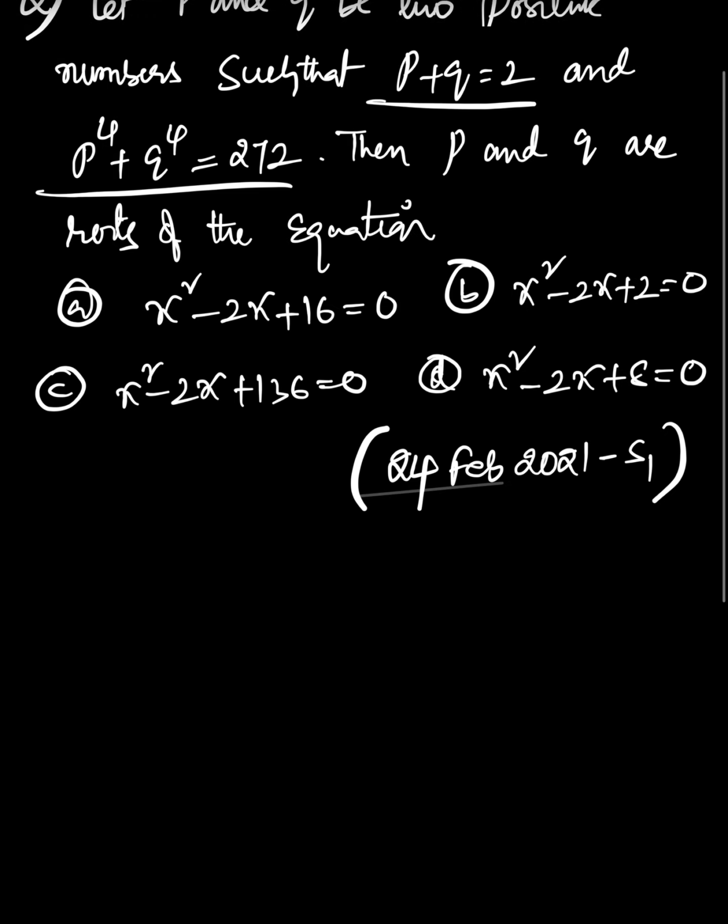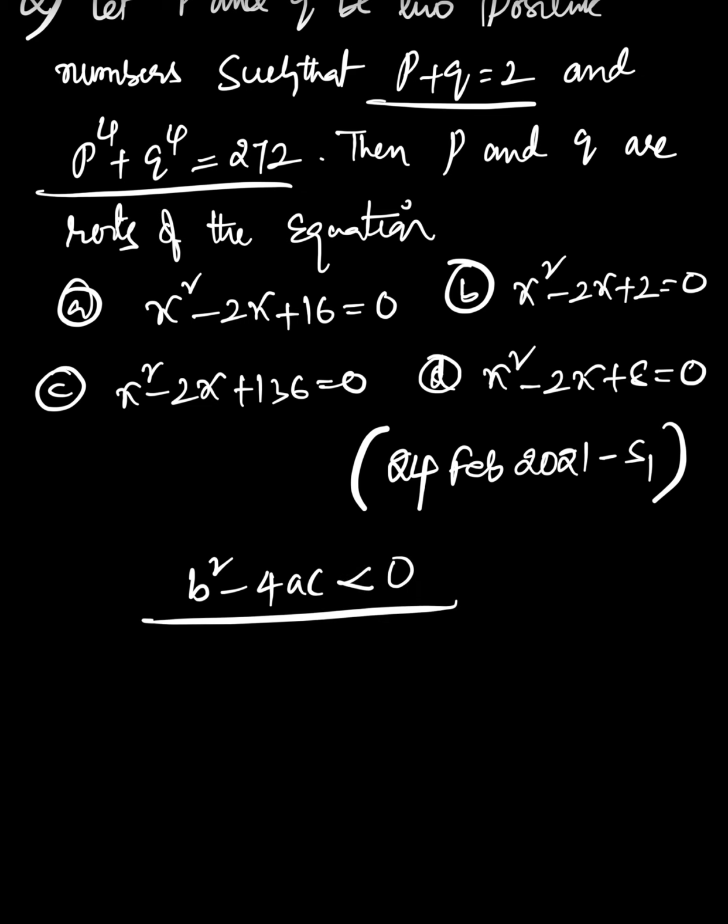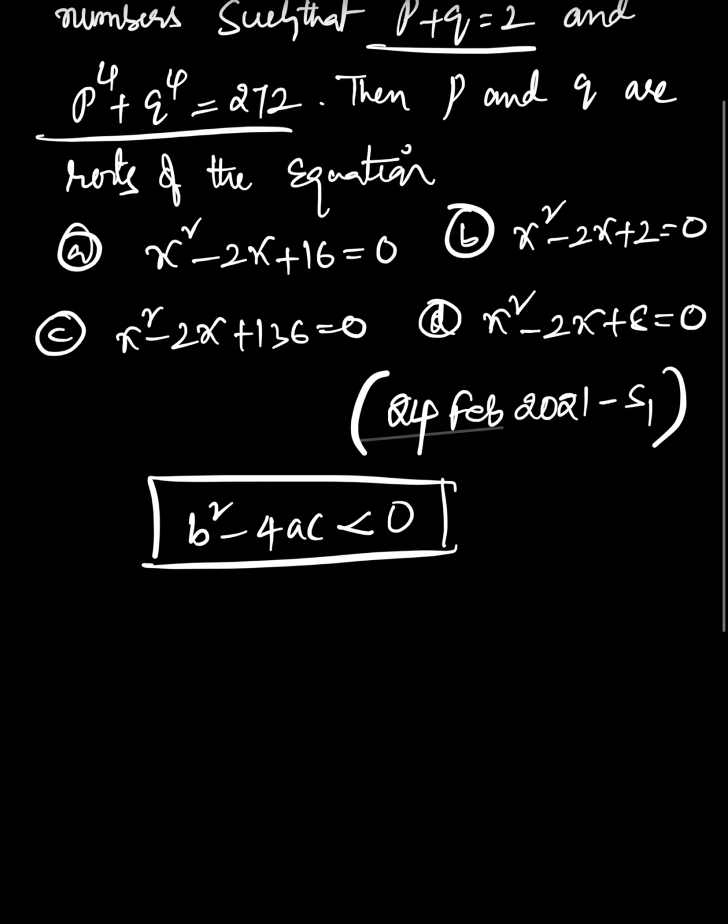See, in each and every option, whether A, B, C, or D, if you observe the options clearly, every option has B square minus 4AC, that is the discriminant, less than 0. In every option, the discriminant is less than 0. In case of discriminant less than 0, all four options have non-real roots, like imaginary roots.